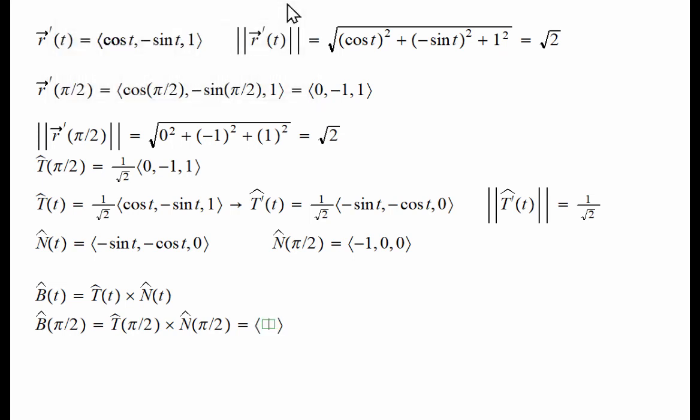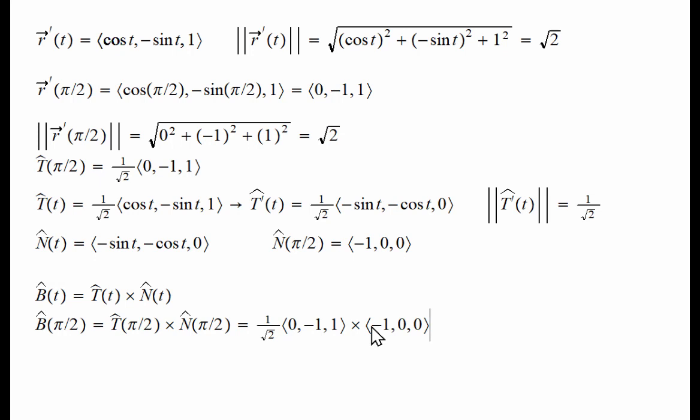T at pi over 2 is what we just computed, 1 over square root of 2. So we got 1 over square root of 2, and why don't I just go ahead and paste our T at pi over 2 here: 0, -1, 1. This is this right here, and then my N is this.